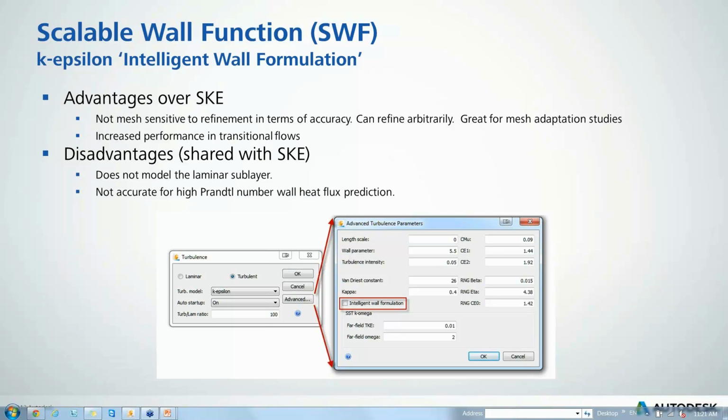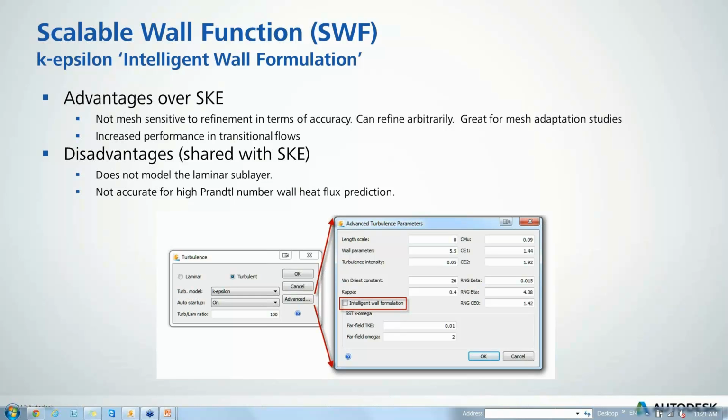It's still going to give you a reasonable result. But if you're doing an external flow analysis, for instance, and you start refining the mesh more and more, you're going to eventually discover that your shear drag along this body is going to become less and less accurate. So one aspect of the scalable wall function is to try to address this issue.